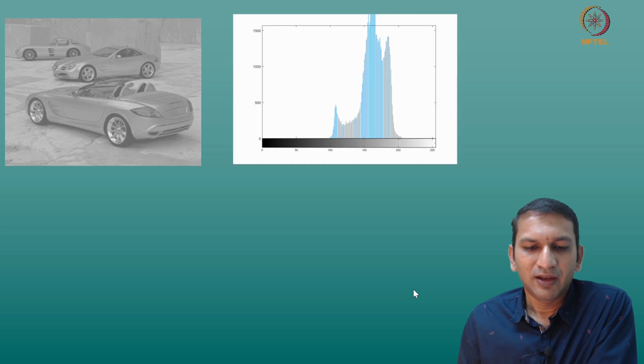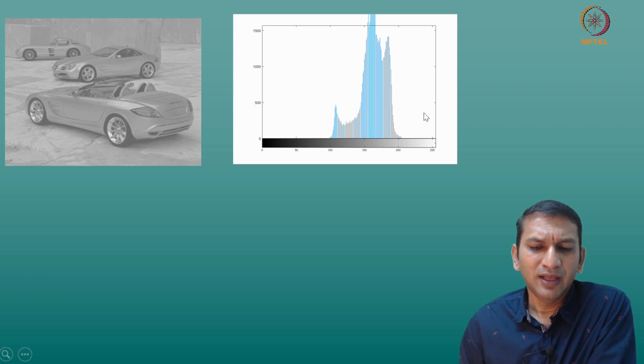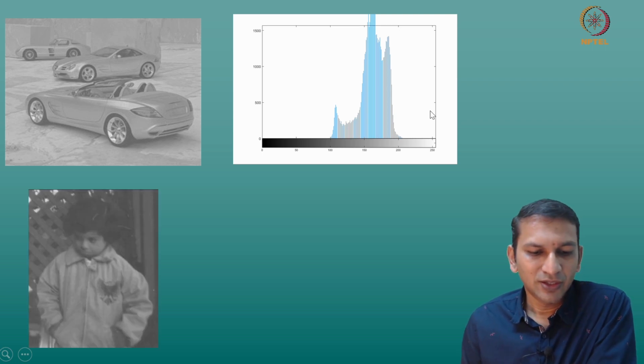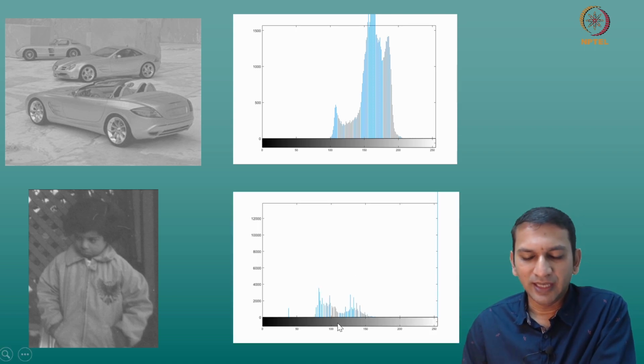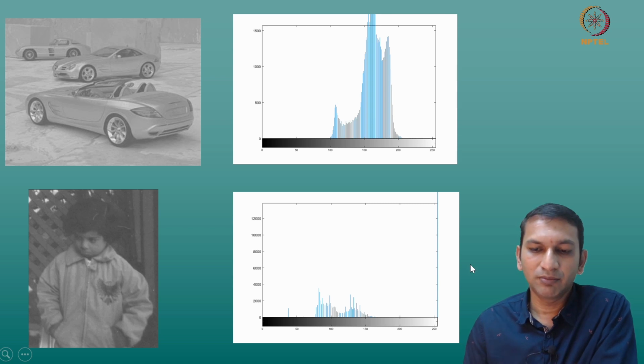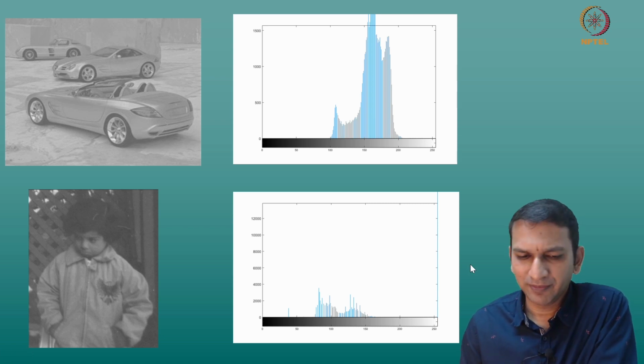Now let's look at some actual pictures. If you look at this image of a car, we see that the histogram, which could occupy the entire 0 to 255 interval, is actually restricted to between 100 to 200. And in this case, once again, what looks like some kind of blurry image, if you look at the dynamic range of the pixel intensities, it is again restricted, it is not the entire interval between 0 and 255.